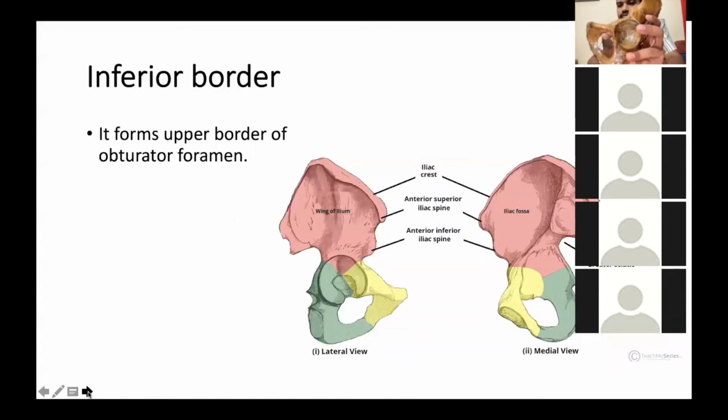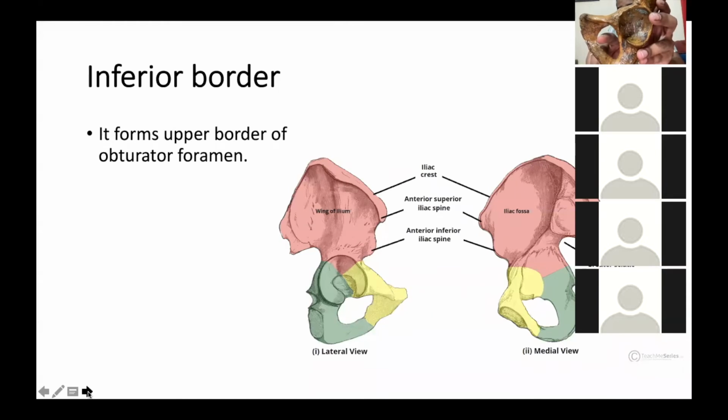Inferior border. This one. Can you see my finger? Yes, this is the inferior border. So the inferior border is forming what? The upper border of the obturator foramen.